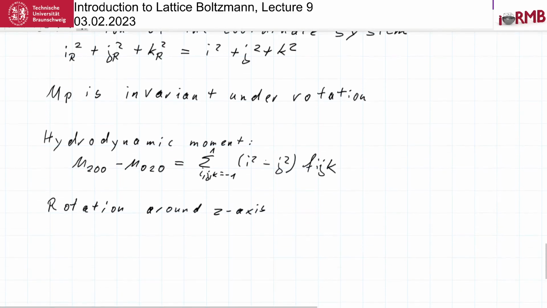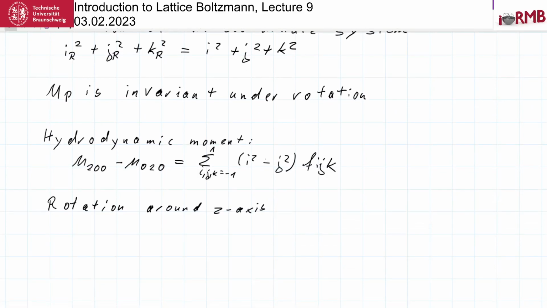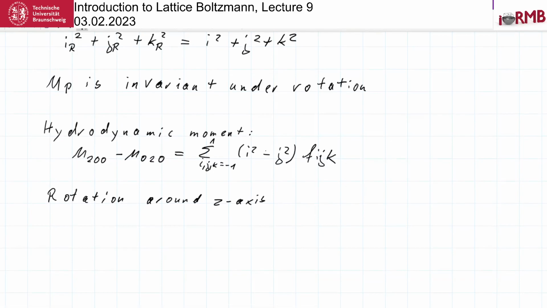And what happens? Okay, I miswrote it here, so I try to correct it. So we have to now, okay, so what happens if we rotate the vector i, our coordinate system?